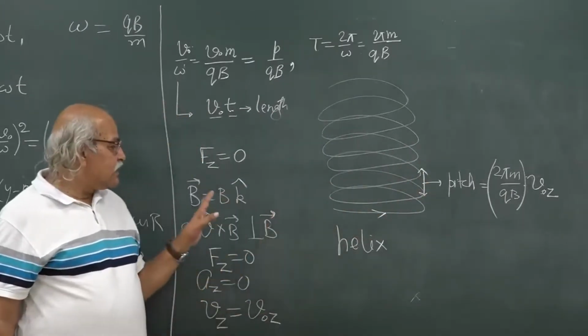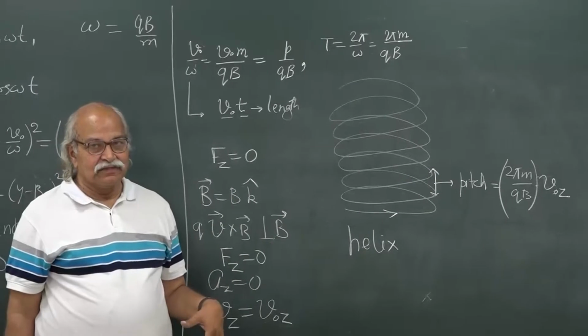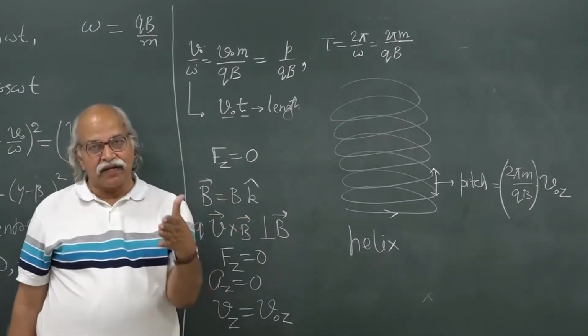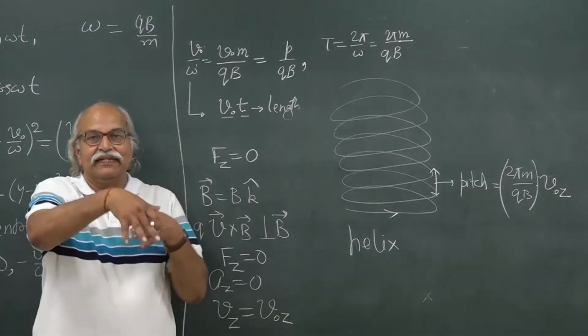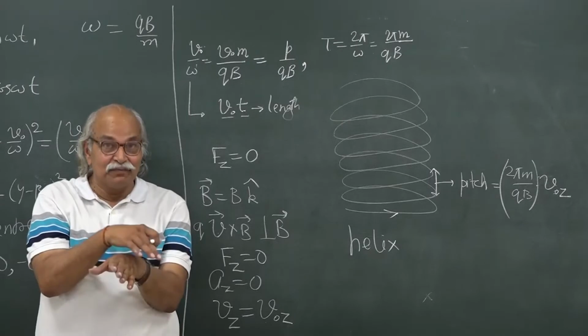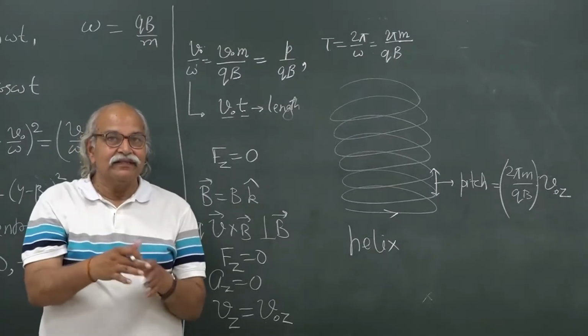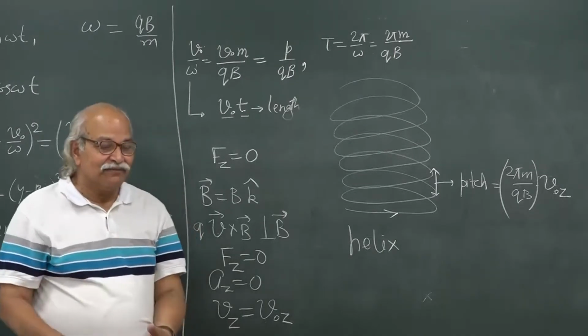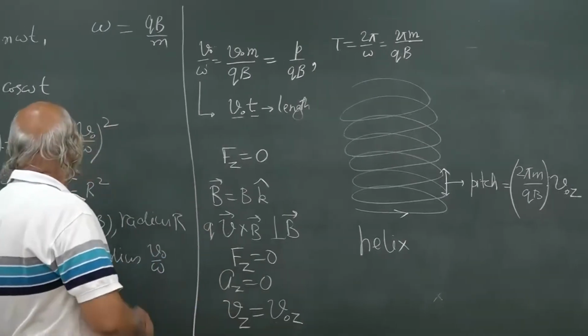Now, this kind of deflection: if the particle is going in some path and you put a magnetic field, the charged particle enters the magnetic field perpendicularly, and then at a certain region it encounters a magnetic field. Let me show this situation.